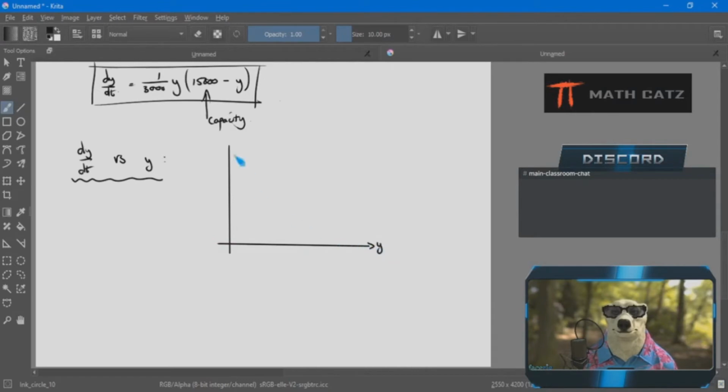So it's going to be y on the horizontal axis, dy/dt on the vertical axis. And that's just a parabola with horizontal axis intercepts 0. And let me draw a parabola. This guy is much wider and flatter than this, but who cares? Just visualizing it. Over here is 15,000.